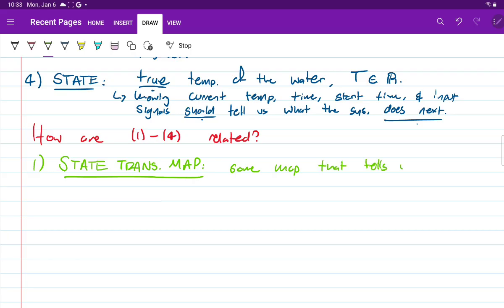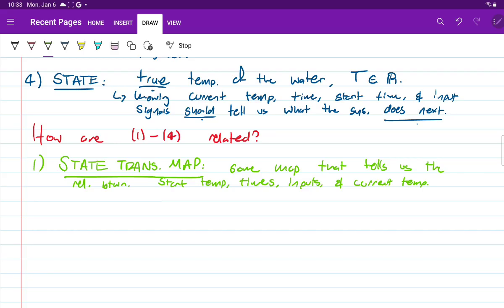that tells us the relationship between your start temperature, times, and times, inputs, and current temperature. Okay?